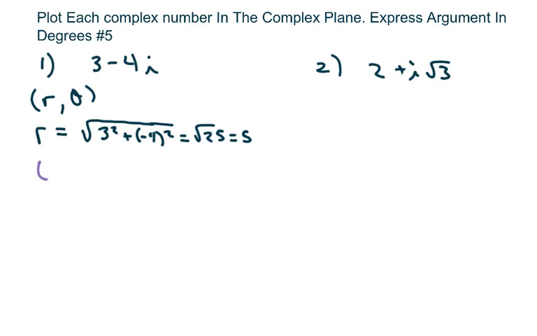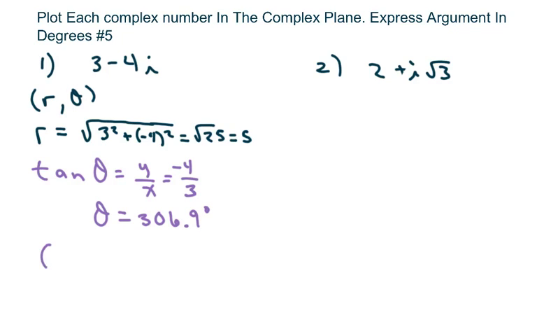And our angle we get from tangent is going to be y over x, which equals negative 4 over 3. And so if you do the inverse of this, you get your angle is 306.9 degrees. So we have 5, 306.9 degrees.